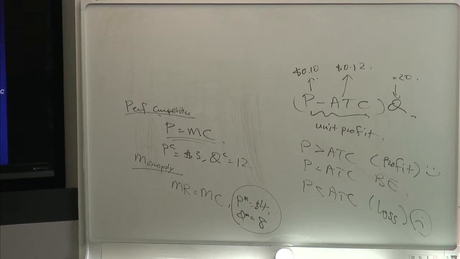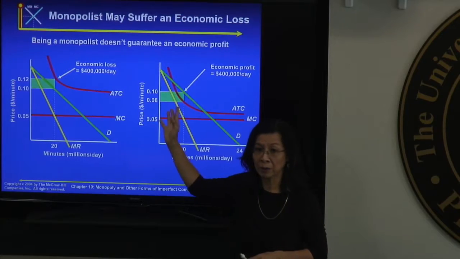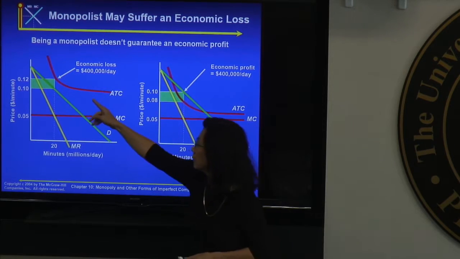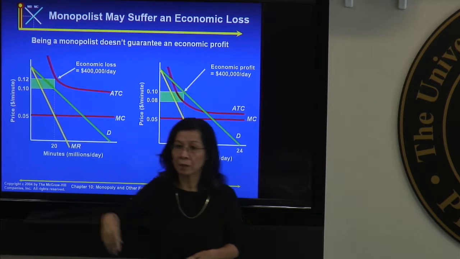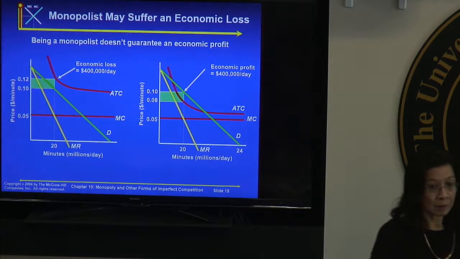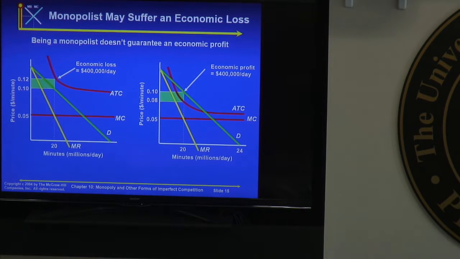The important part is for you to know that this ATC, the left arm of your soup bowl, actually happens inside the demand curve. So therefore, you're having profit. But here, it is outside. So you have to extend further up, but that's your average total cost higher than price.